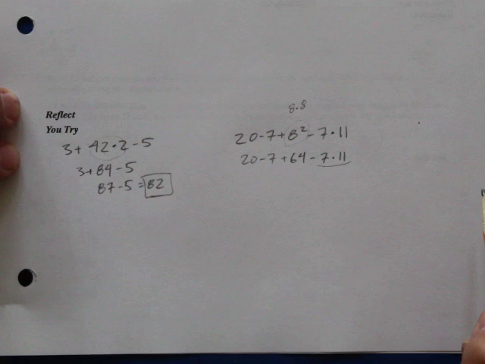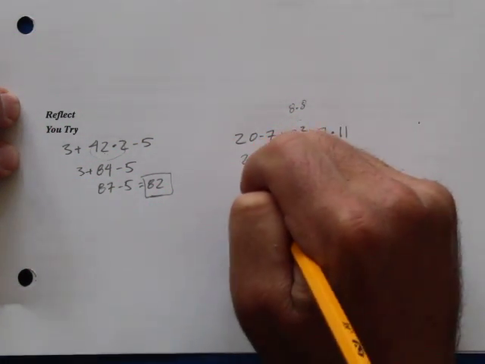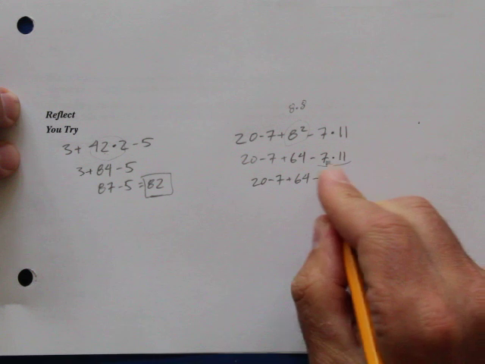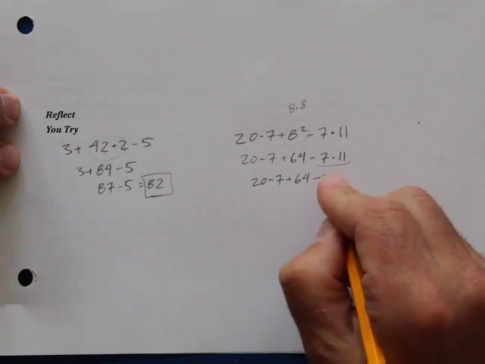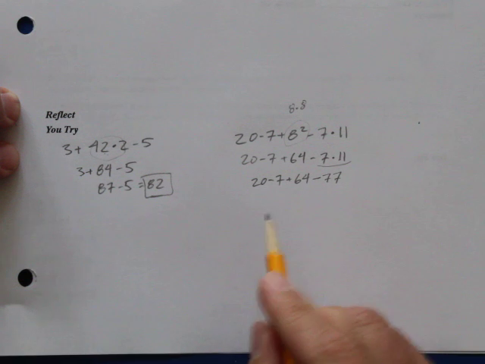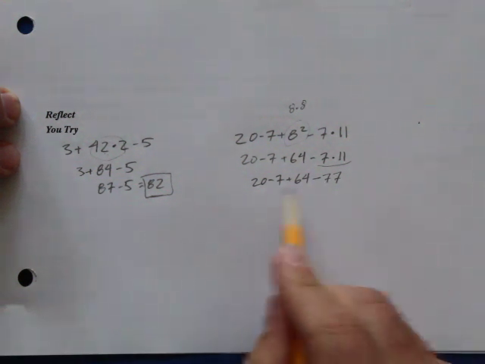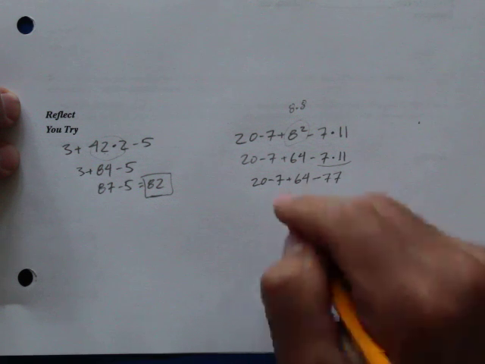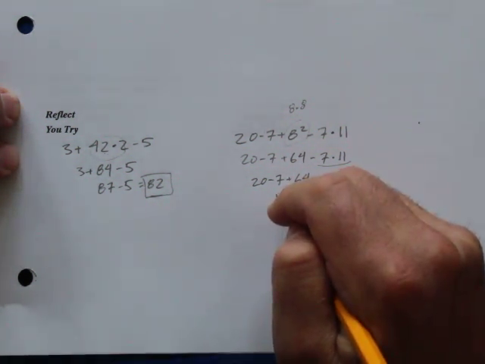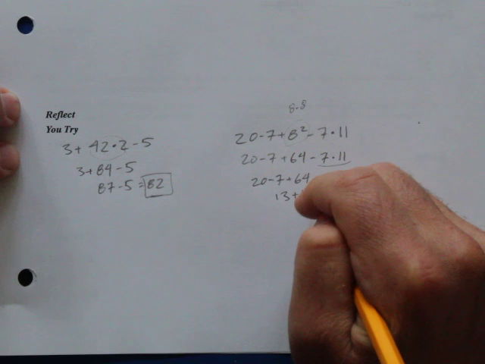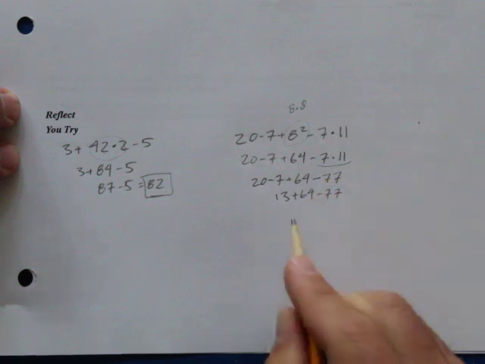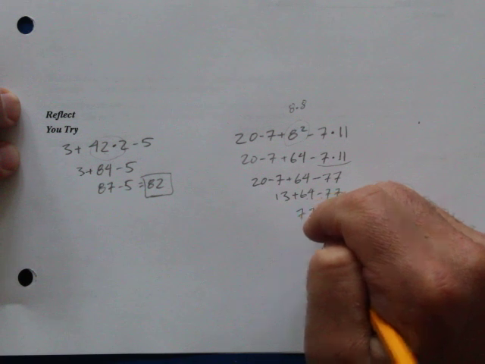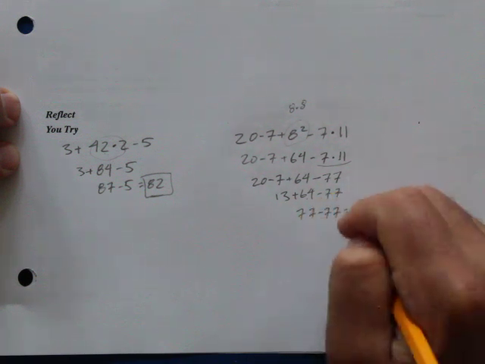There's some multiplication happening right there. So 20 minus 7 plus 64 minus 7 times 11, which is 77. Now all I have left is addition and subtraction, so I'm just going to do that left to right. 20 minus 7 is 13, plus 64 minus 77. 13 plus 64 is 77, minus 77 equals 0.